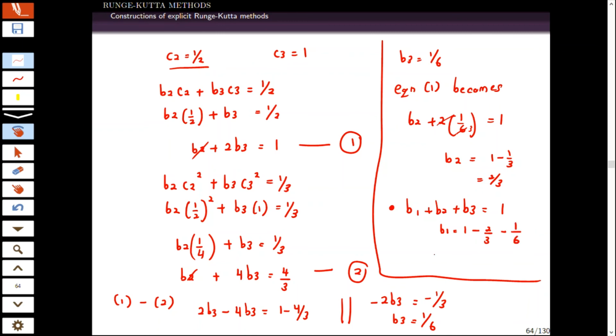There's a calculation that you need to do. So times by 2, times by 2. So I have 6 minus 4, which is 2/6 minus 1/6. So B1 is 1/6. Okay, so we have obtained B1, B2, B3.